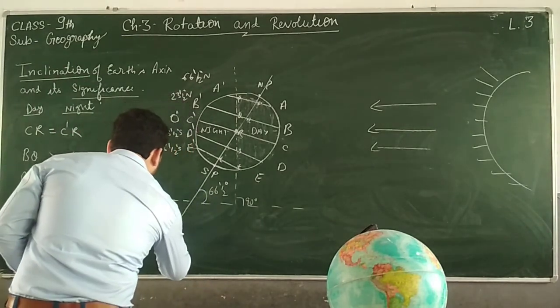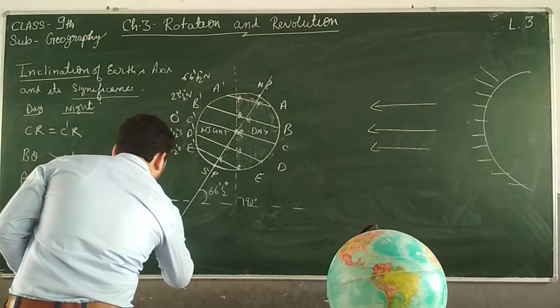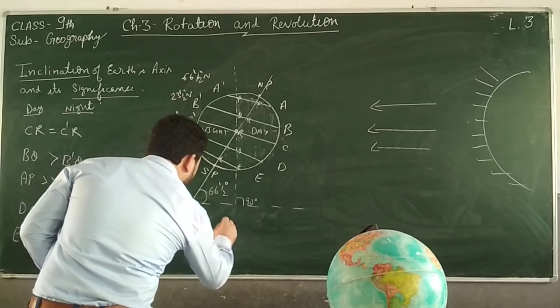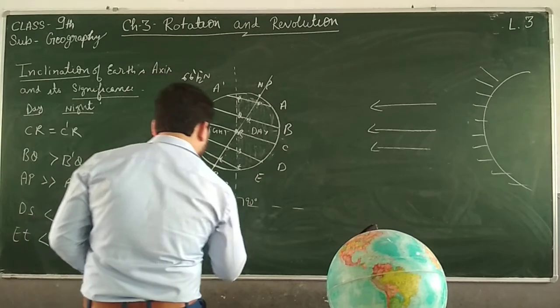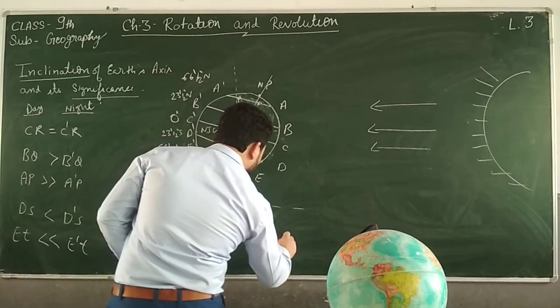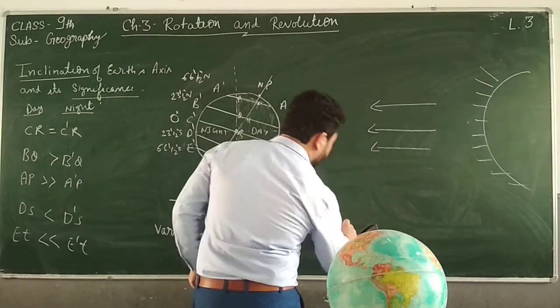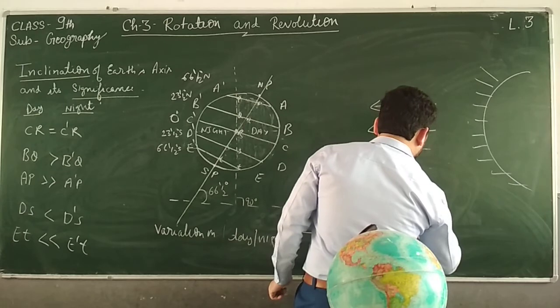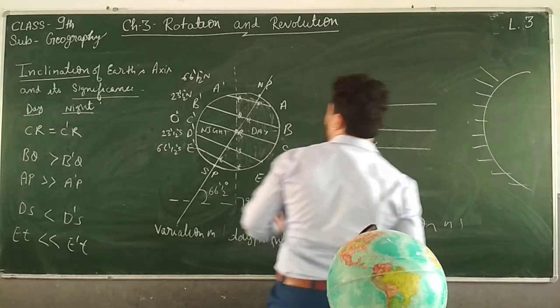Here, variation in the length or duration of day and night is there, which is leading to variations in seasons. Why?